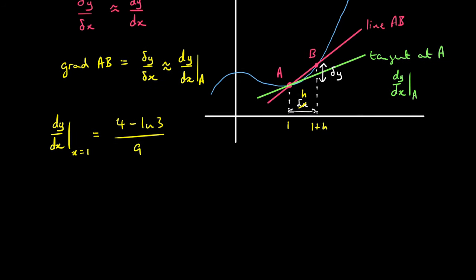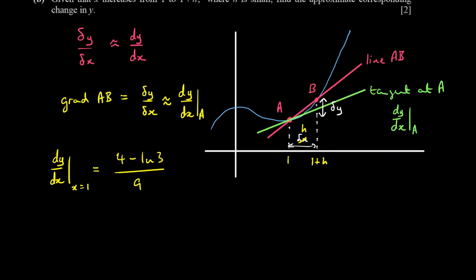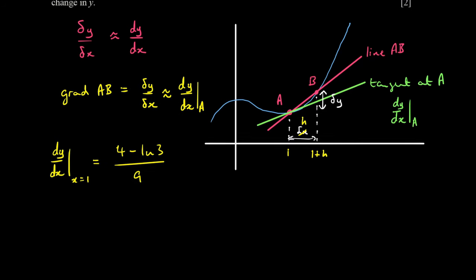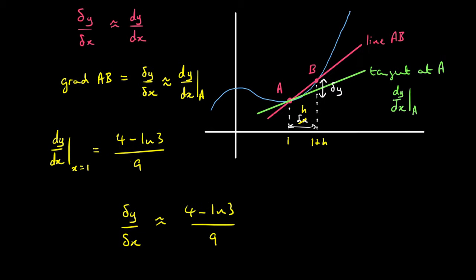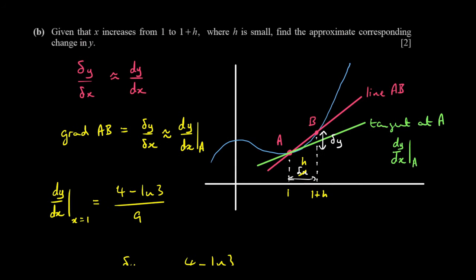Well, okay then. Using our formula or the relationship, we can say that the little change in y divided by the little change in x is going to be roughly equal to that (4 minus ln 3) upon 9. Well, what are we asked to calculate?